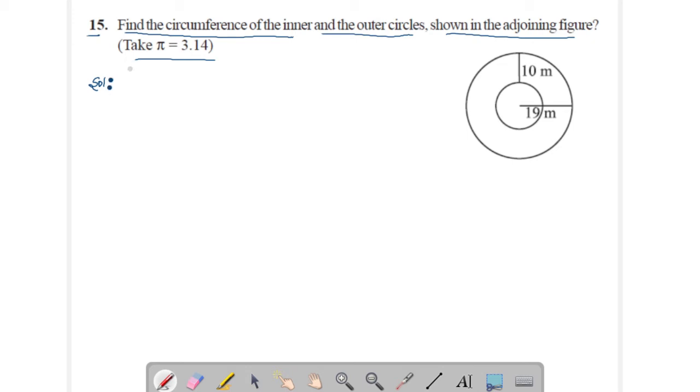Here radius of outer circle, it is 19 meter. Let us take it as capital R.